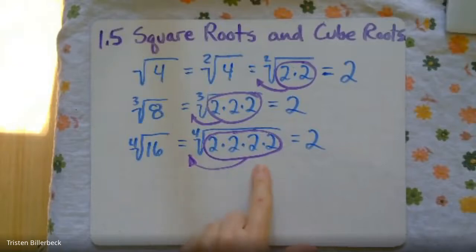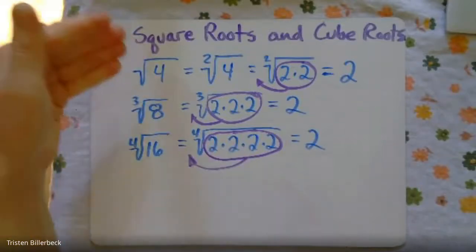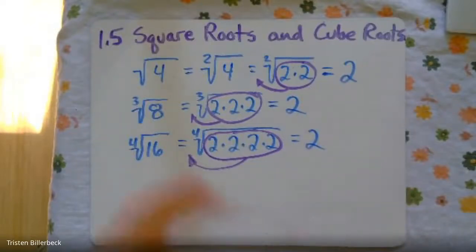So they get to leave the safe house as a united front of 2. So that's how we do roots. Square roots are the most common, cube roots are the next most common, but we can keep going as well.